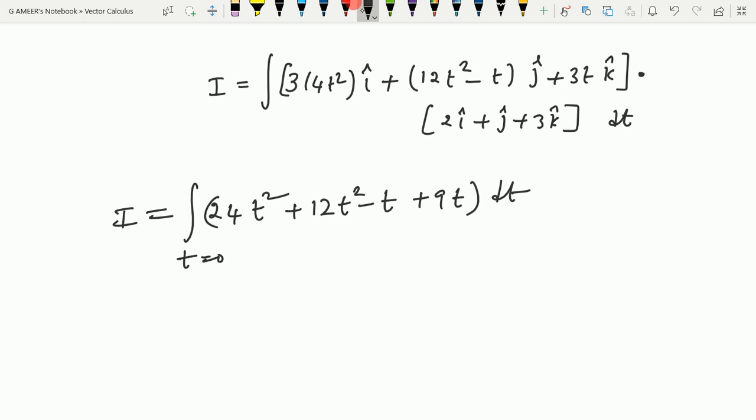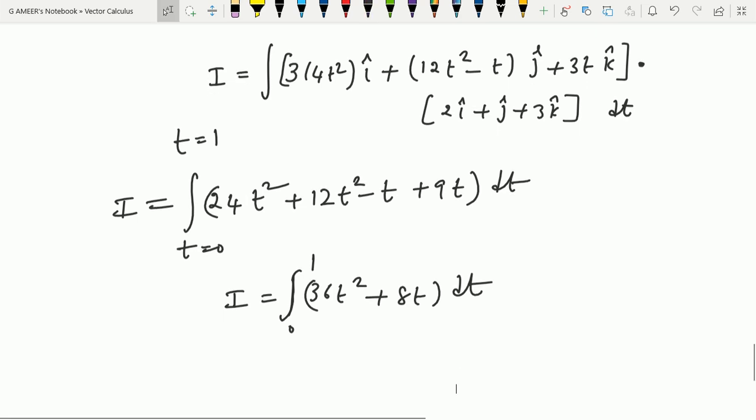So t goes from lower limit 0 to upper limit 1. Now 24t square and 12t square make 36t square. So t from 0 to 1, 36t square plus 8t dt. Okay, now you do this.